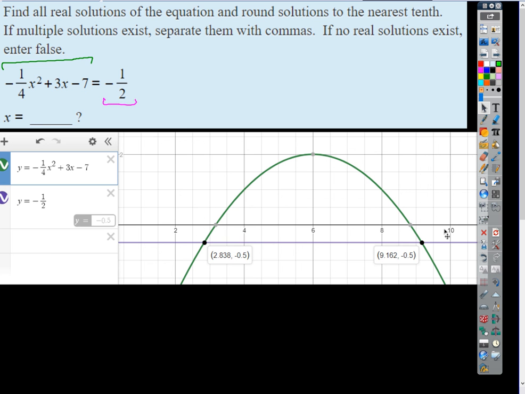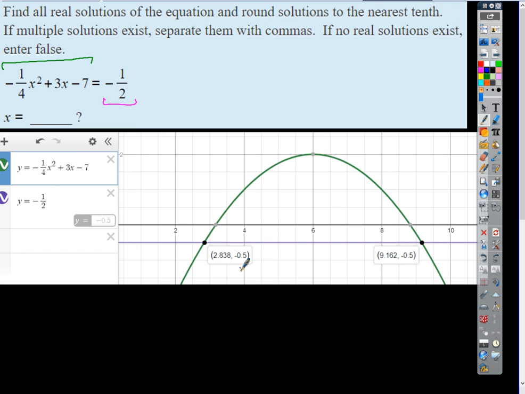So what are my solutions going to be? It wants us to round to the nearest tenth. Well, no, there's an ordered pair. What does an ordered pair always give you? What value comes first?